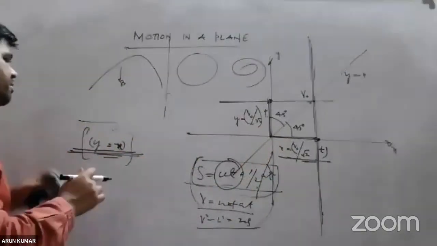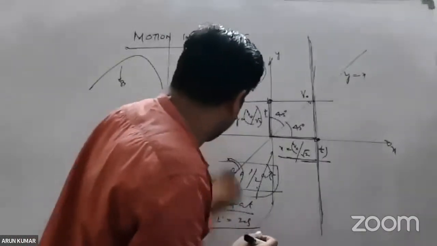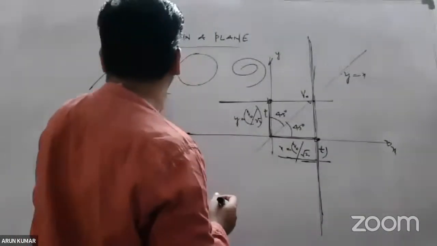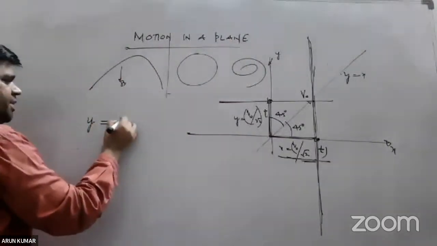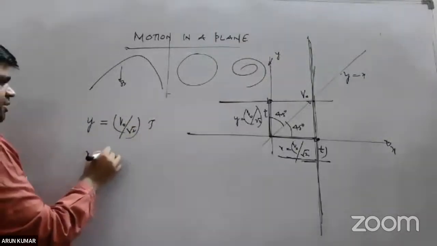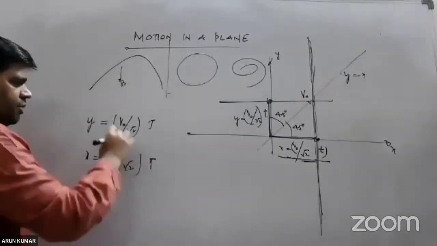I'll get the equation between y and x. Y is equal to v naught by root 2 into t. X is equal to v naught by root 2 into t. I have to eliminate t.